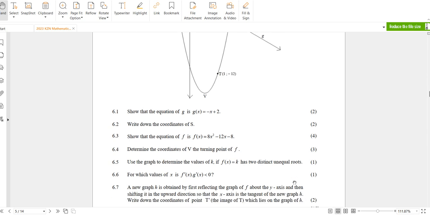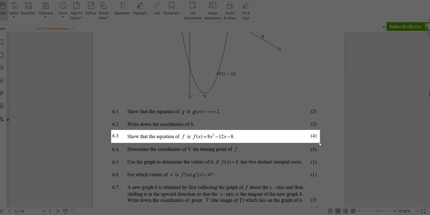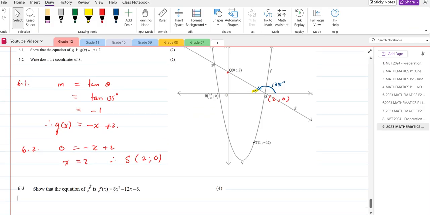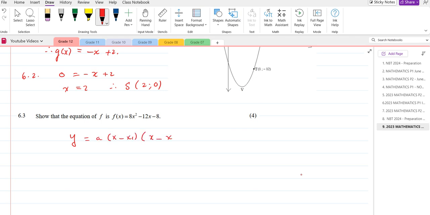Now show that the equation of f is, let's see how we're going to solve that. Simple, because we have x-intercepts and a point. How do we solve with x-intercepts and a point? We say y equals a into x minus x1 into x minus x2.